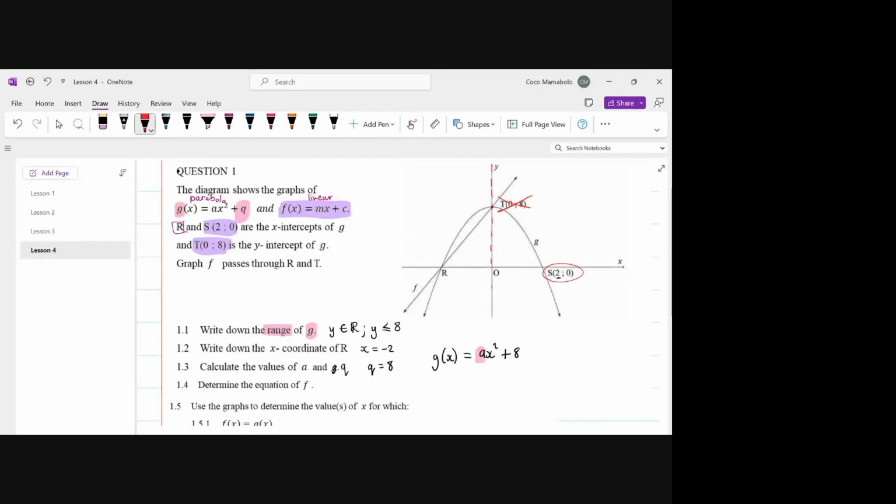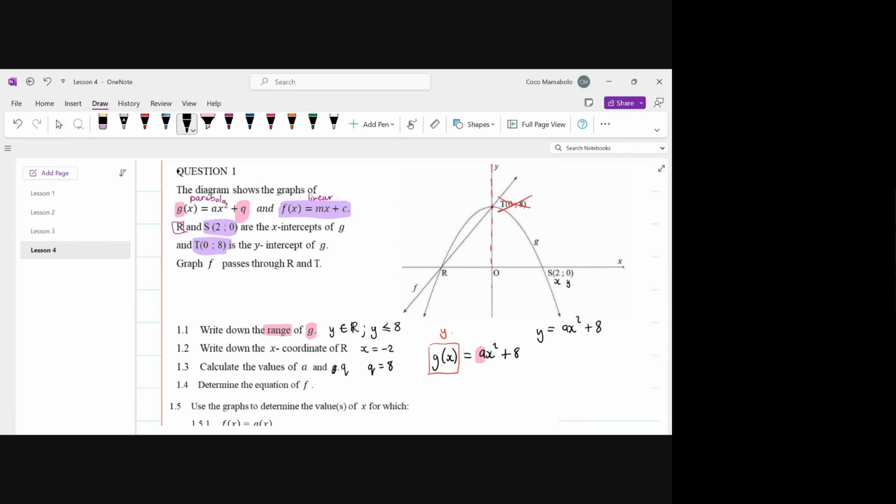Now, remember, guys, G of X represents the Y. So I can rewrite this as Y is equal to AX squared plus 8. Now I'm going to go to this coordinate I've been given. I know that 2 is my X value and 0 is my Y value, and I'm just going to sub them in.